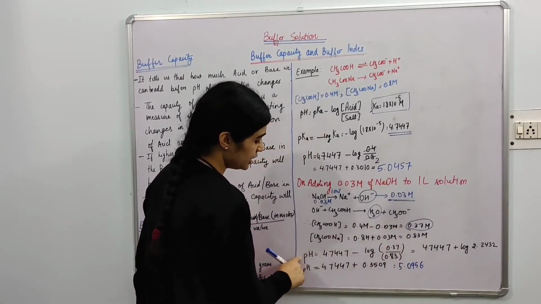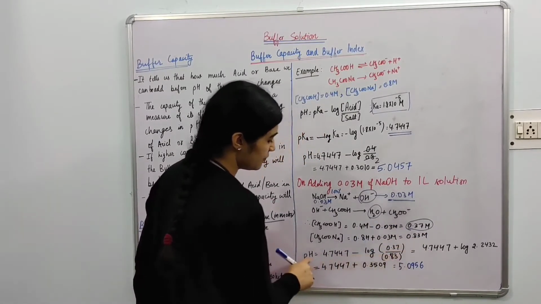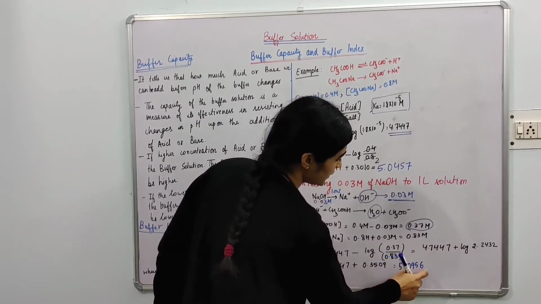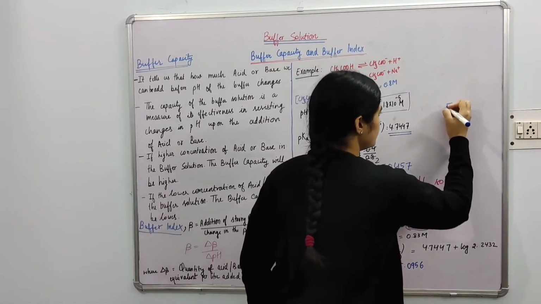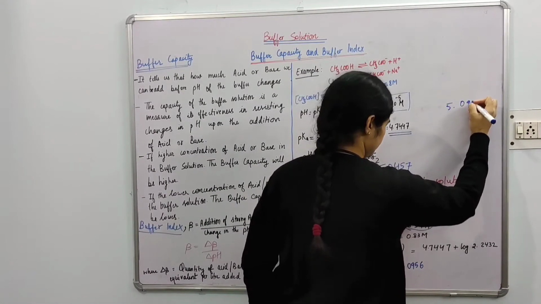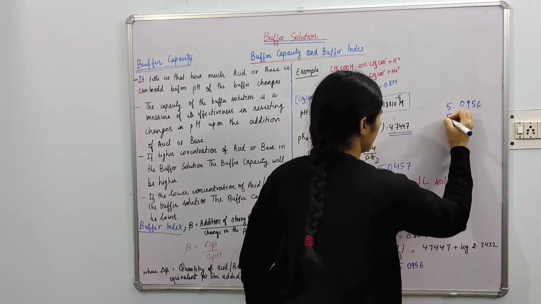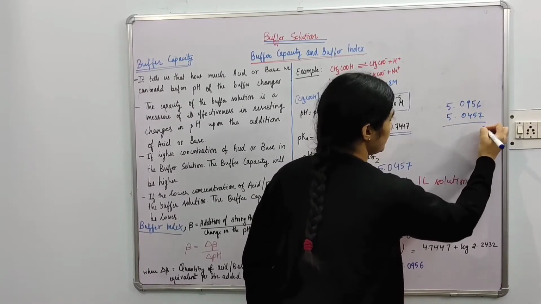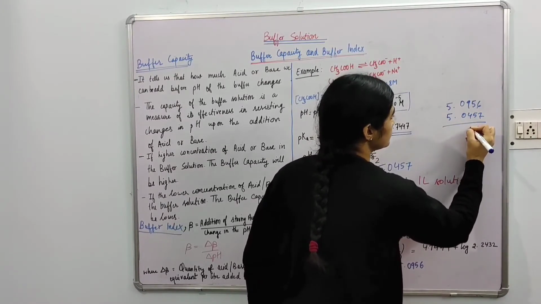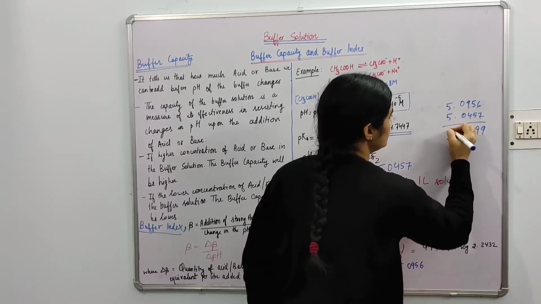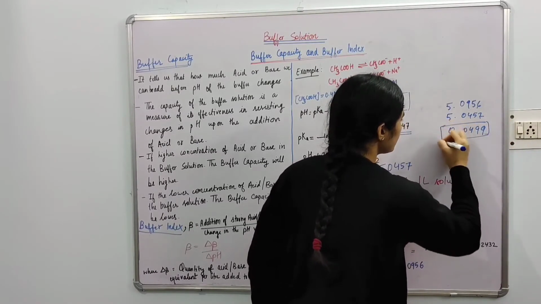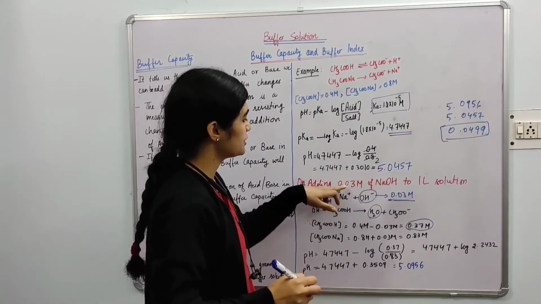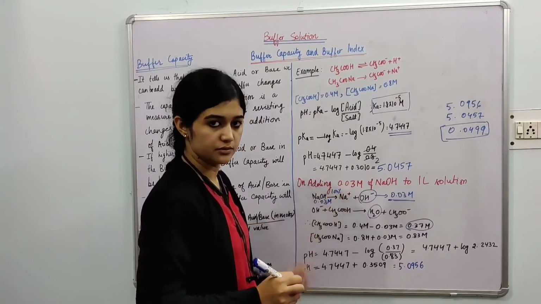Now again, putting these values in the buffer equation, we get a new pH, that is 5.0956. So we can see how much our pH is changing here, from 5.0457 to 5.0956, a change of 0.0499, when we add a very strong base NaOH at a concentration of 0.03 molar.